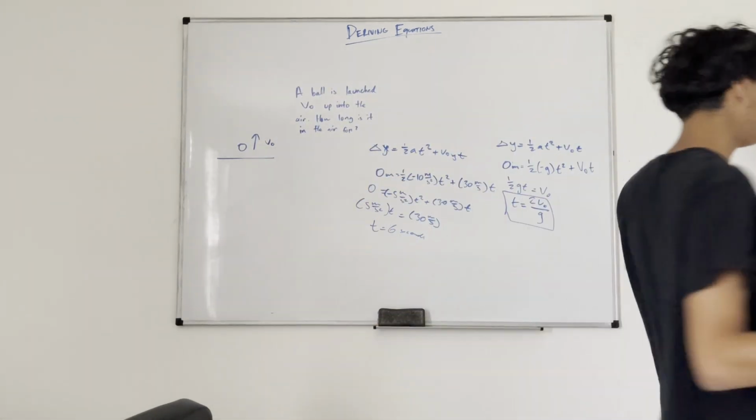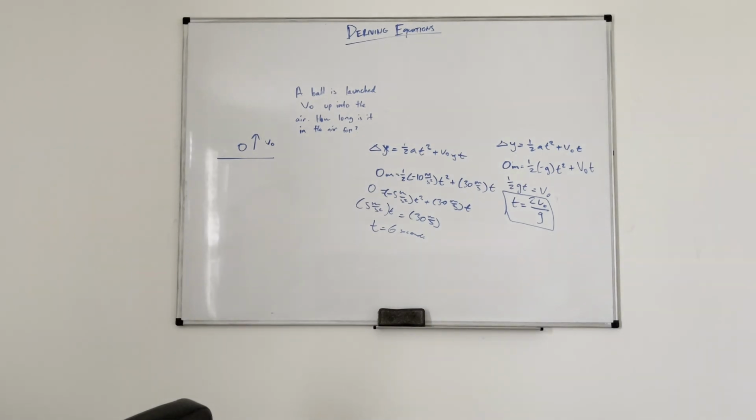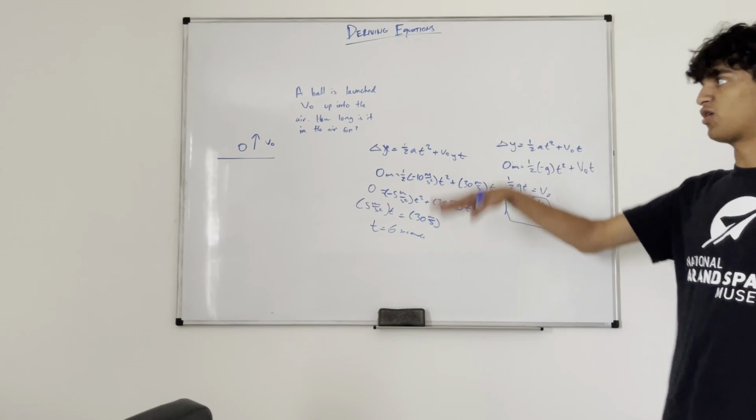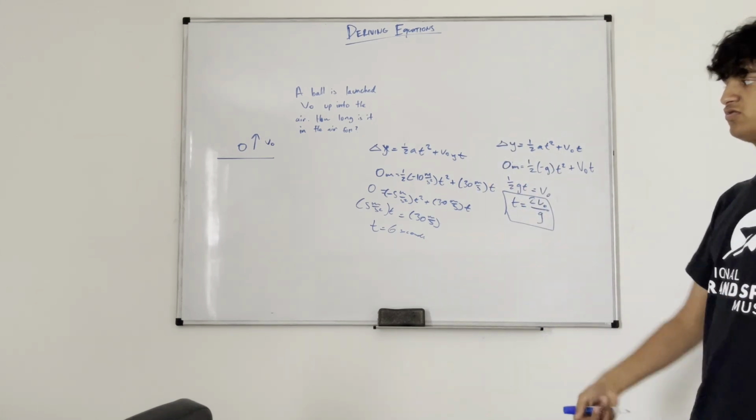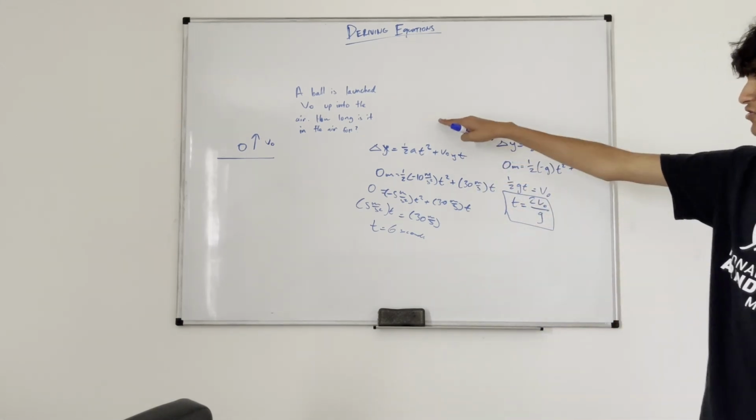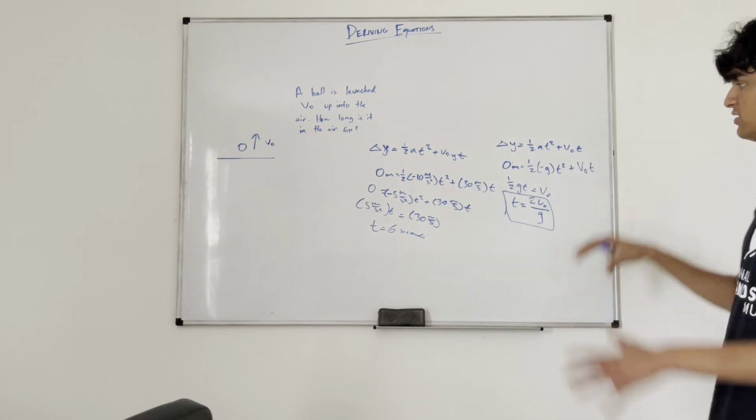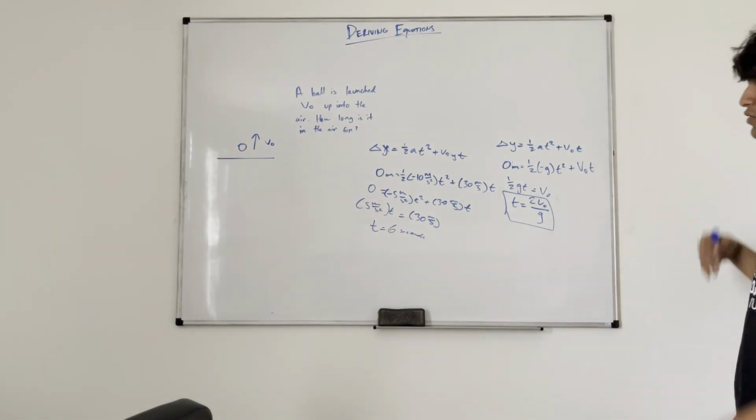This is pretty cool, actually, because now let's say in the next part of the problem it says the speed is 30 meters per second. Instead of going through this whole process again, I just did the same thing without numbers.